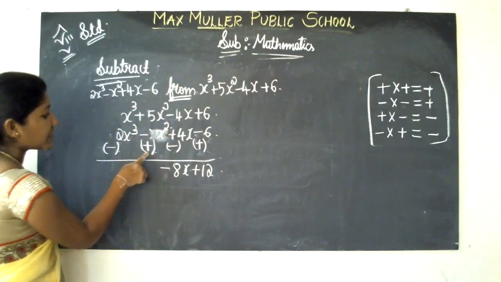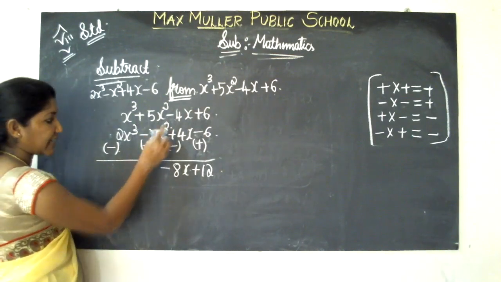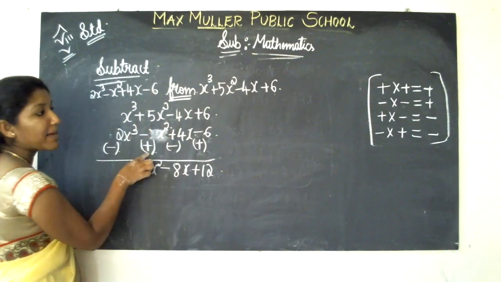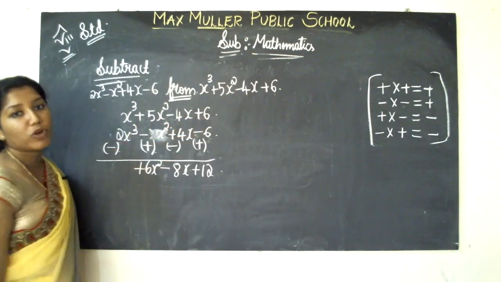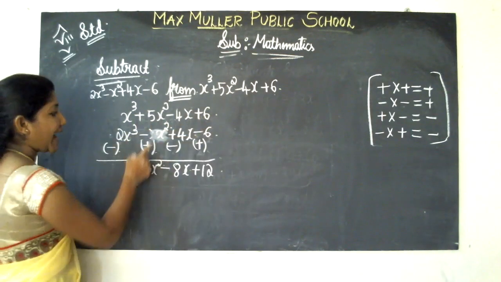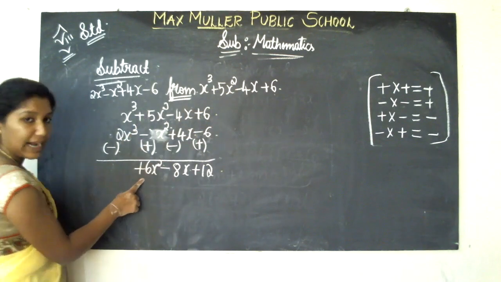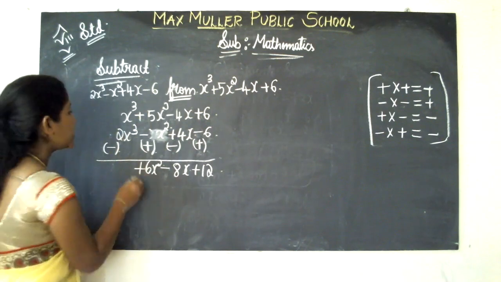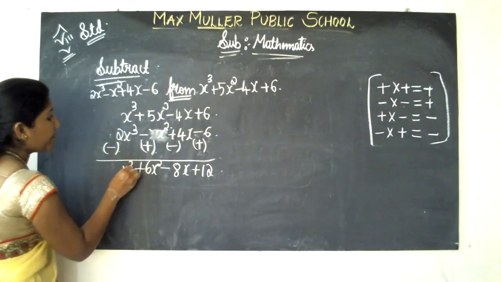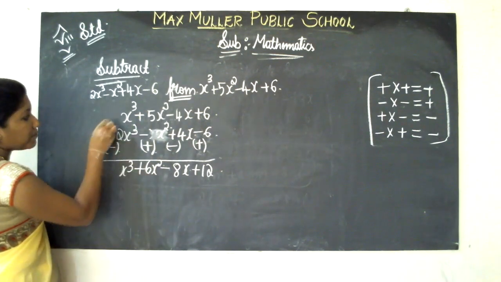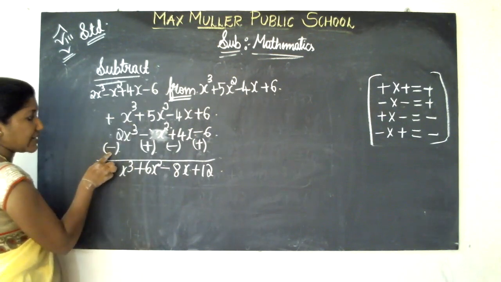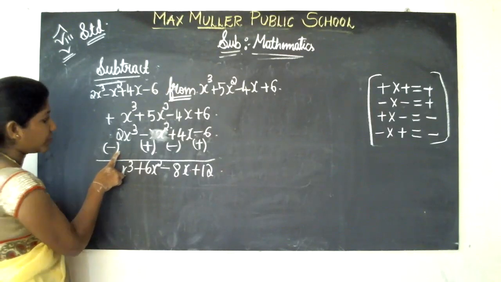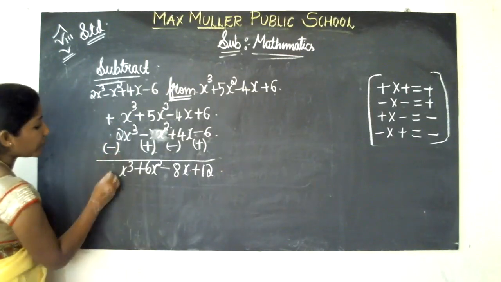And then plus 5 and plus x square. That is plus 6x square. Why? Because both are positive signs. You have to add and put the greater number sign. Understood? 5 is greater here. You are putting the positive sign. And x cube. Here one is plus and another one is minus. So x, minus 1 minus 2. 1 minus 2, it will be 1.